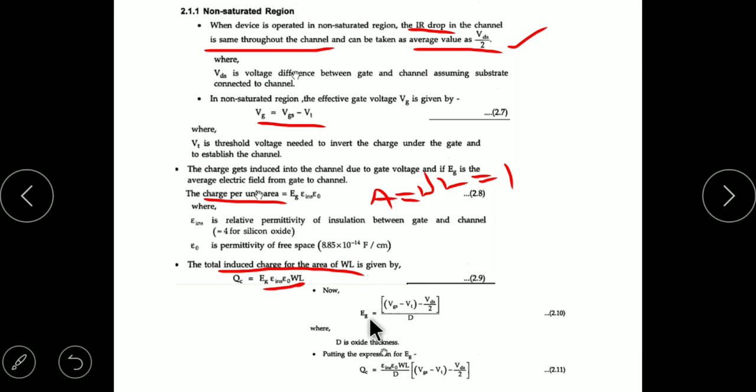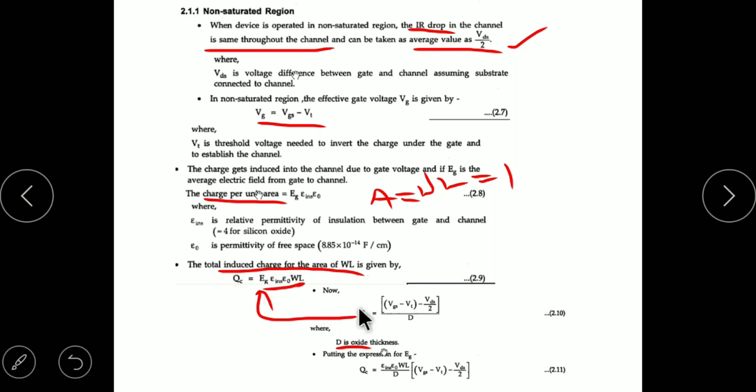Now the average electric field Eg is equal to Vgs minus Vt minus VDS by 2, whole divided by d, where d is the oxide thickness. If you substitute Eg in this expression, you will get the expression for Qc, the charge induced in the channel.